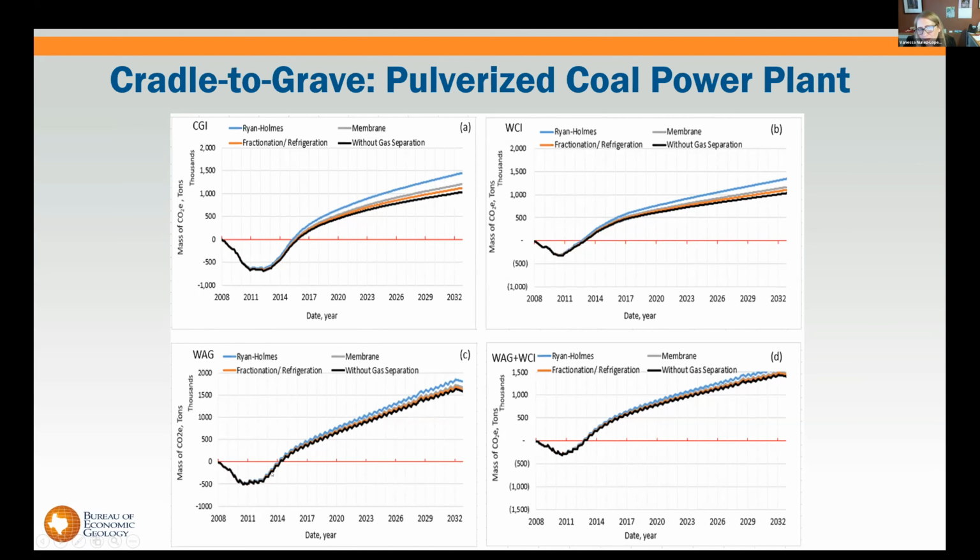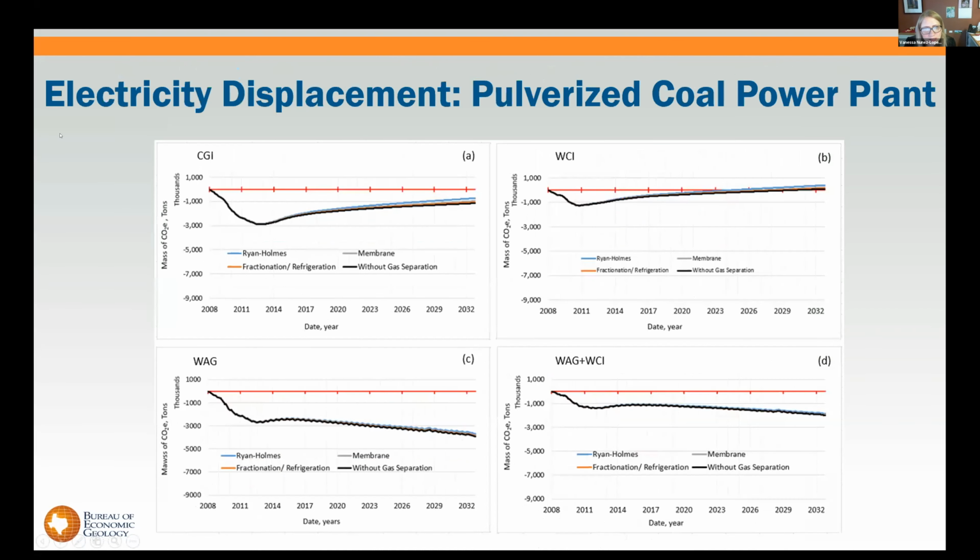But what we have to consider when we expand the system is electricity displacement, which means that if the capture facility displaces a conventional power source and credits are added for this displacement, then this adverse impact caused by the system expansion is not only reversed, but transformed into a significant environmental benefit.